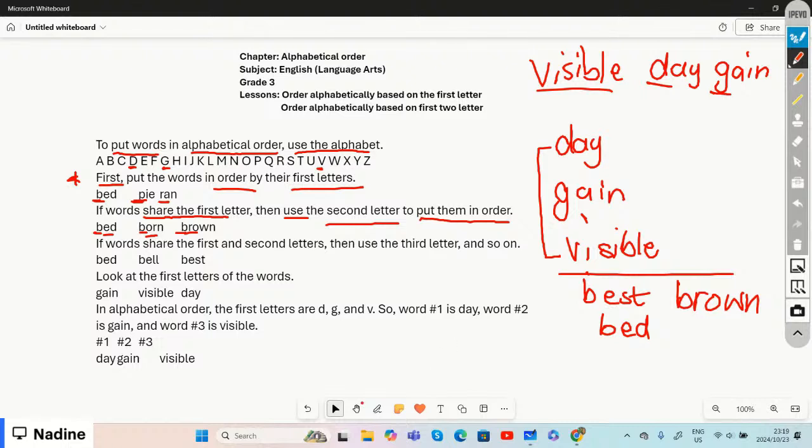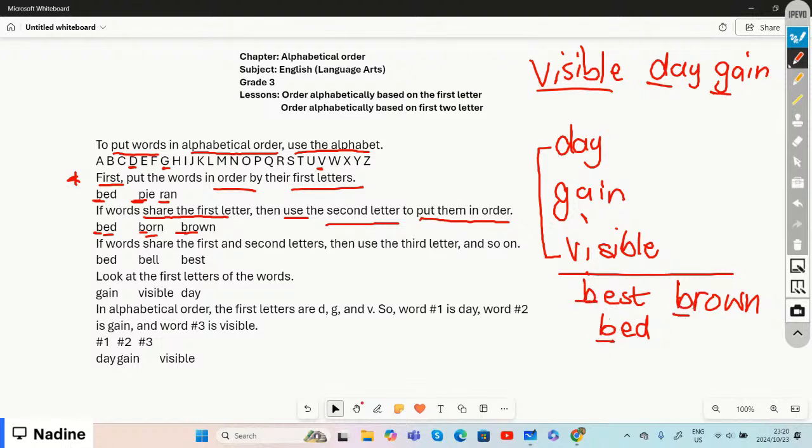If we look at all three of those words, they share the first letter, which is B. So that is the first letters.